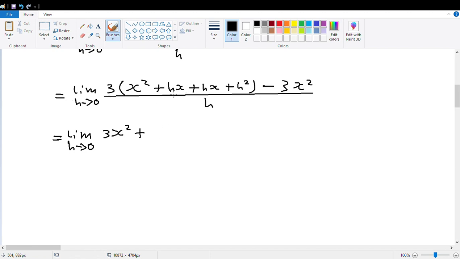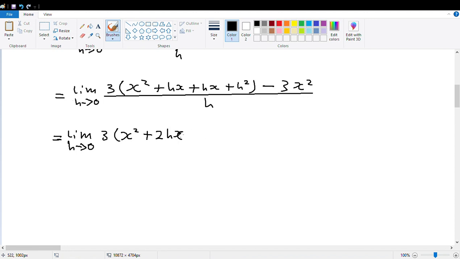One thing, before multiplying by this 3, we can simplify further first, because inside your parentheses we have hx plus hx, which are like terms, therefore those will be 2hx.